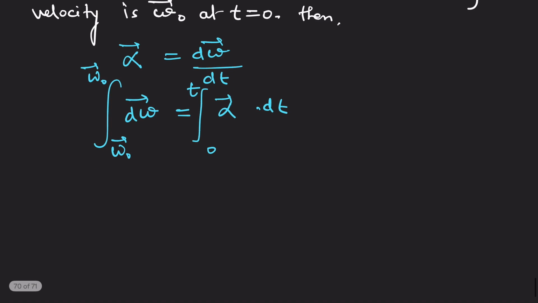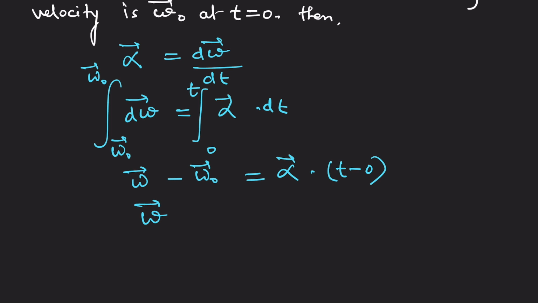We have integrated this. So we got omega vector minus omega naught vector is equal to alpha vector into t minus 0. So guys, what we got, omega vector is equal to omega naught plus alpha into t.